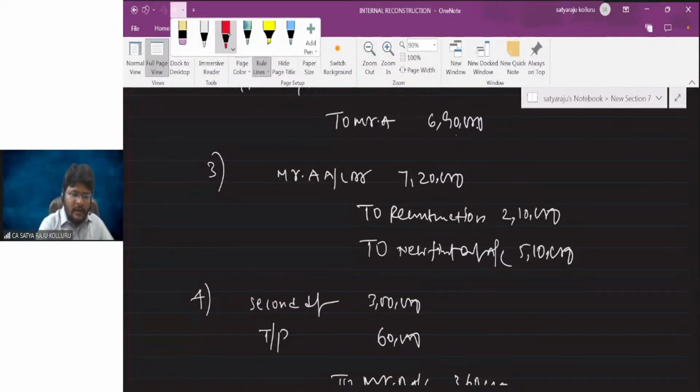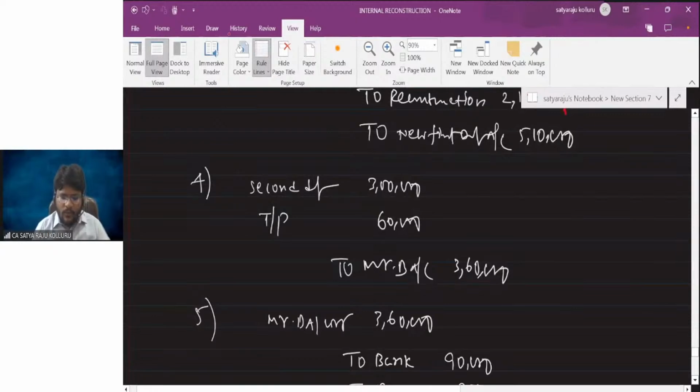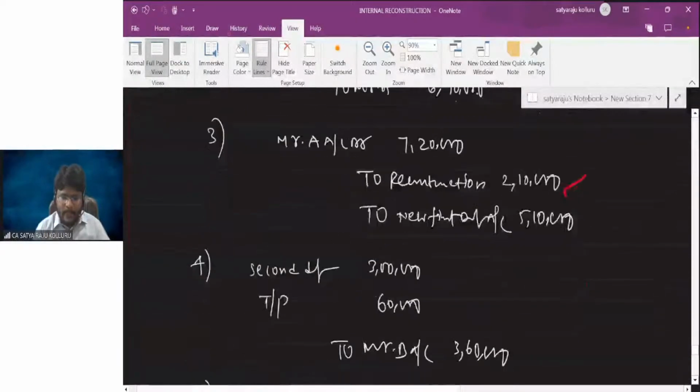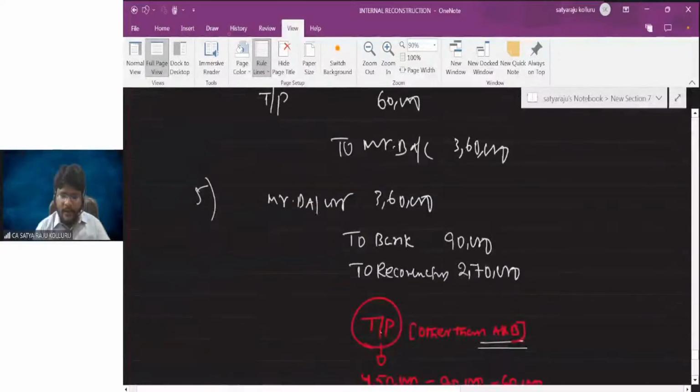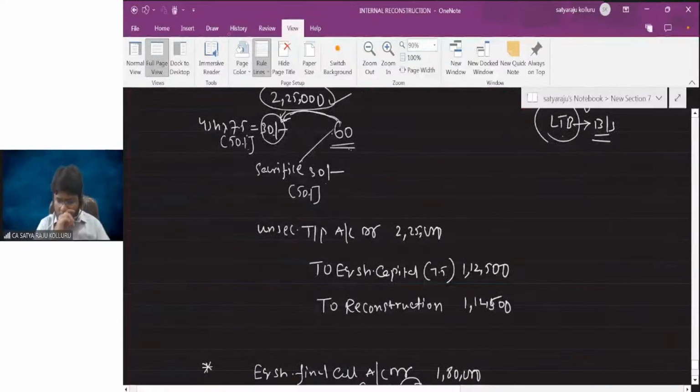Start with 2,10,000 under reconstruction. In the fourth entry, no. In the fifth entry, you have 2,70,000. Come down. Here we have 1,45,000. Okay.